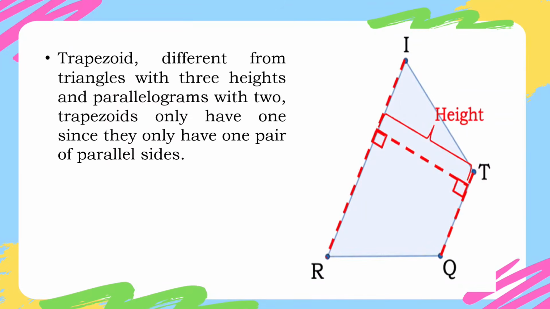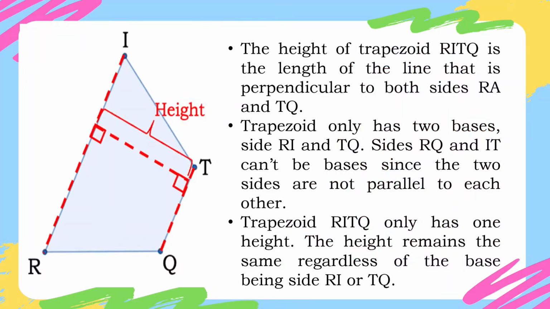The trapezoid is different from triangles with 3 heights and the parallelograms with 2. Trapezoids only have one since they only have one pair of parallel sides. The height of trapezoid RITQ is the length of the line that is perpendicular to both sides RI and PQ.